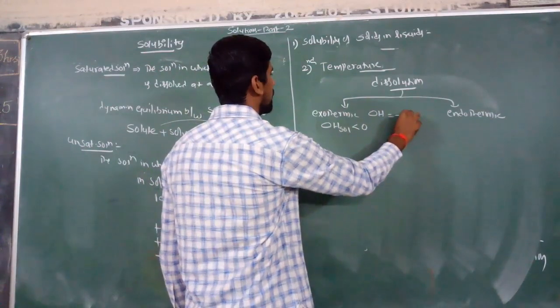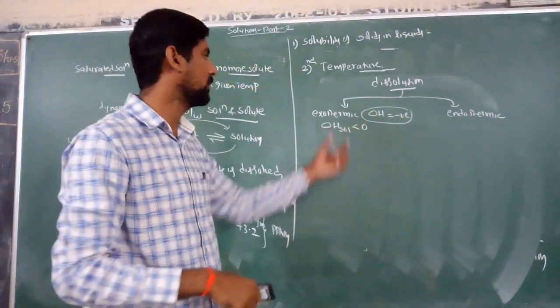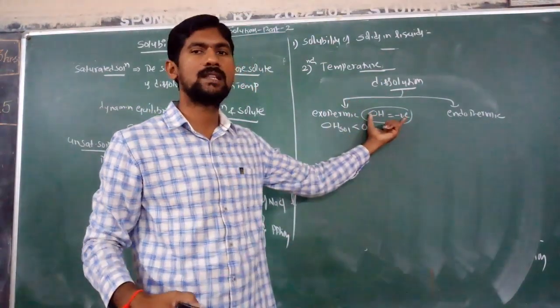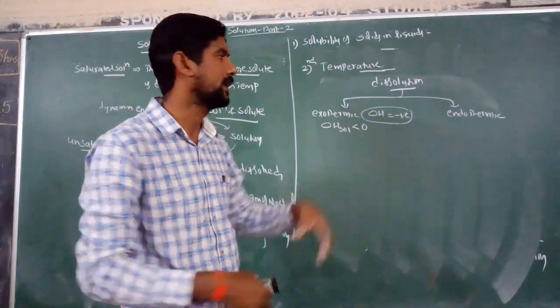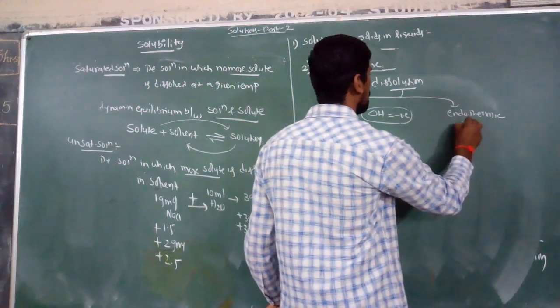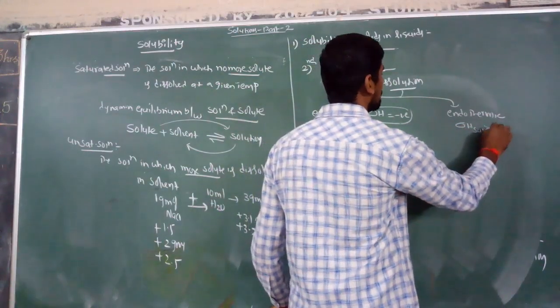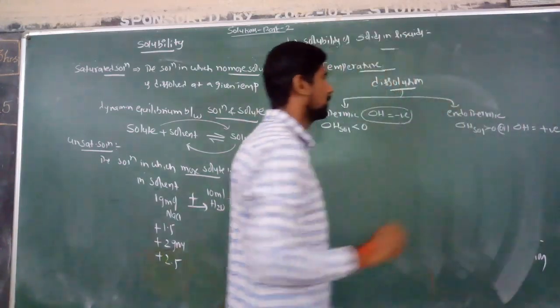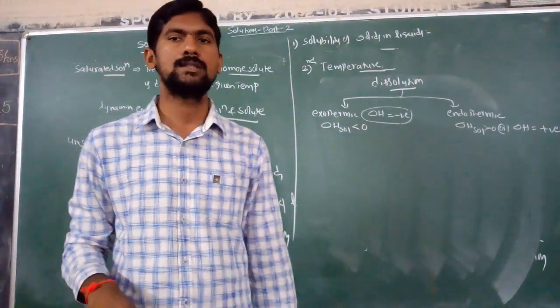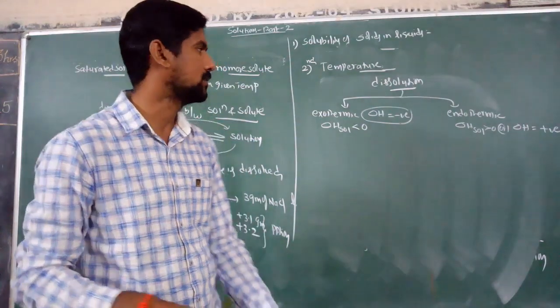According to thermodynamics, exothermic means heat is released or evolved by the system, so delta H is negative. What is endothermic? Delta H solution is greater than 0, or the change in enthalpy is positive.